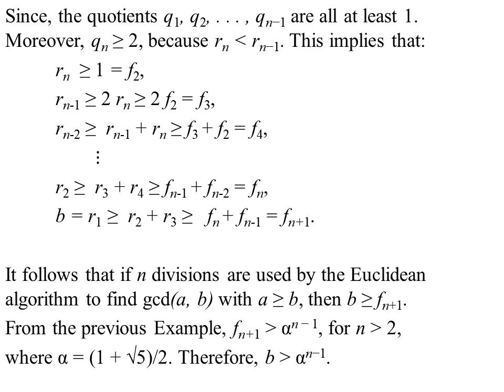From the previous example, we have already proved that Fn plus 1 will be greater than alpha to the power of n minus 1 for all n greater than 2, where alpha is equal to 1 plus root 5 by 2. Now, when you substitute that here, B will be greater than alpha to the power of n minus 1.